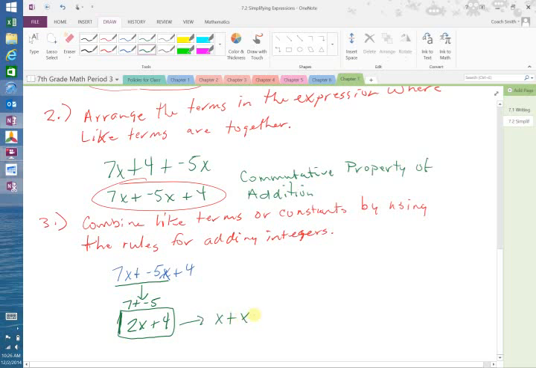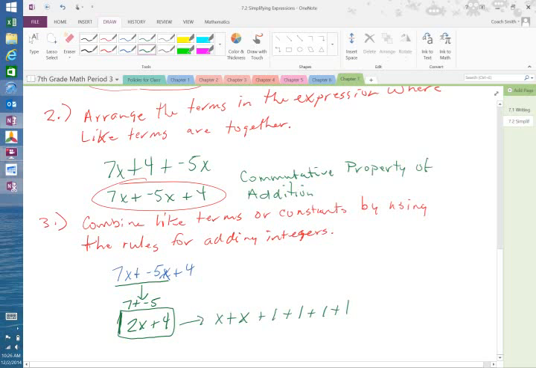X plus 1 plus 1 plus 1 plus 1. When you look at it like that, is there any way I can say I've got 6 x's in that problem? No. So you can't put those two things together.